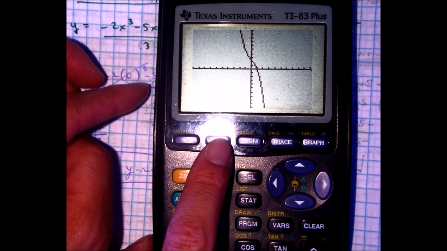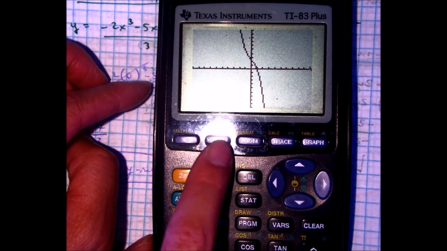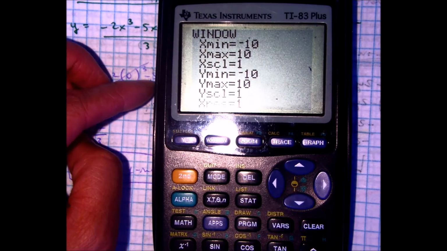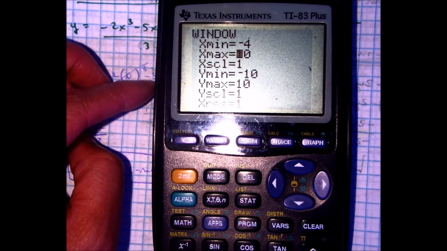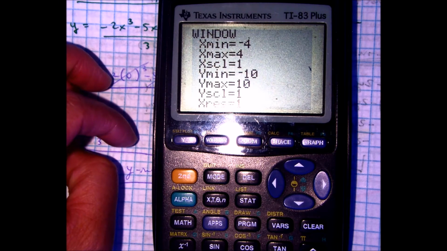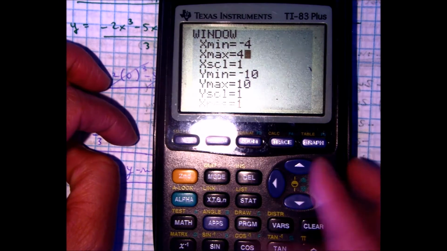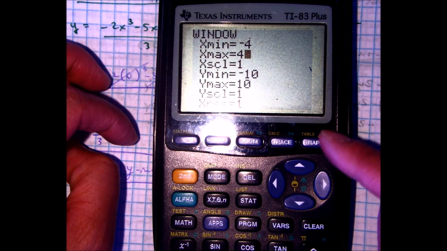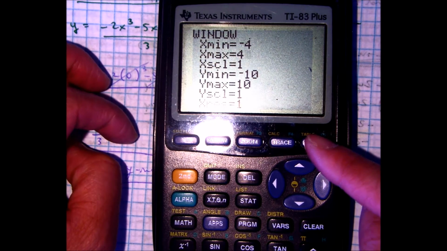So I go to window. We said we're going to change that to -4, and x maximum maybe +4. And let's go ahead and press graph and see what happens.